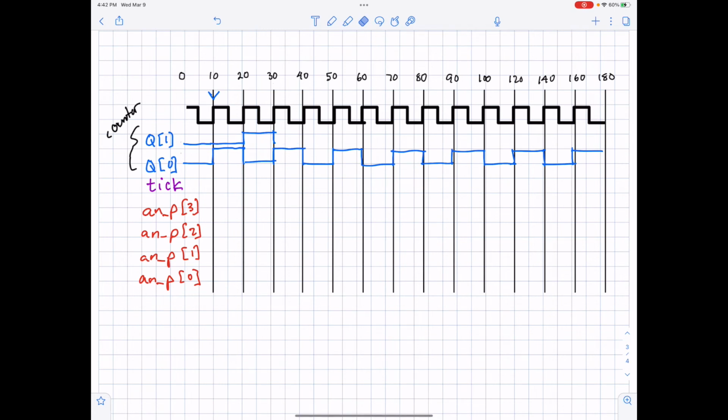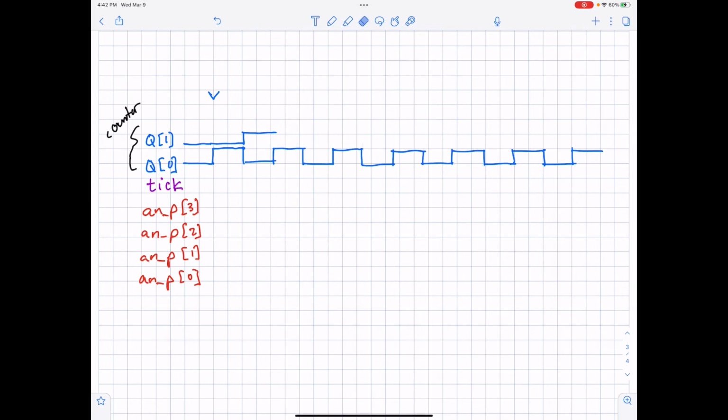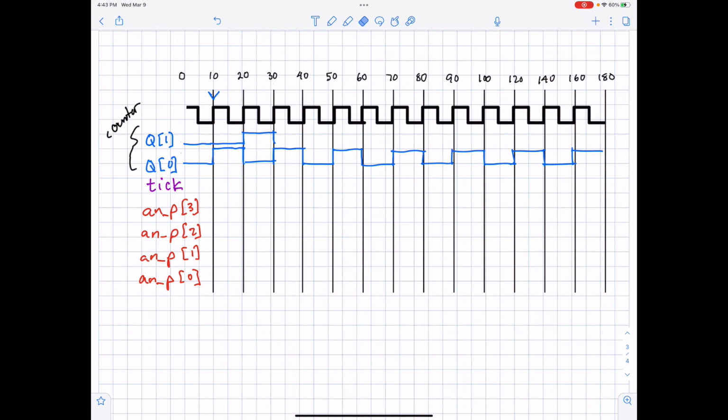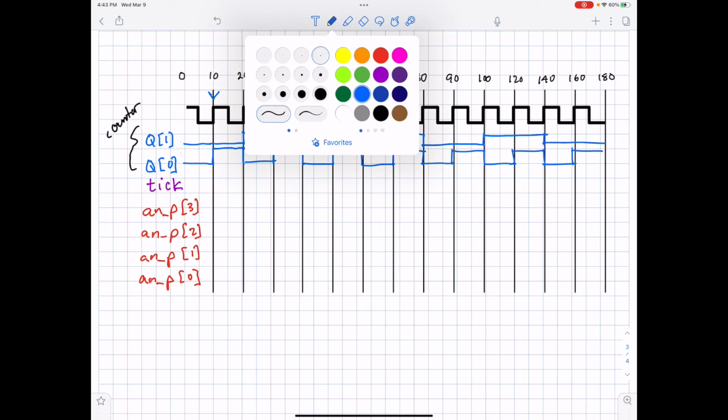It's going to stay a 1. Every other clock edge is where it changes. Okay, and so we could put the values in here.